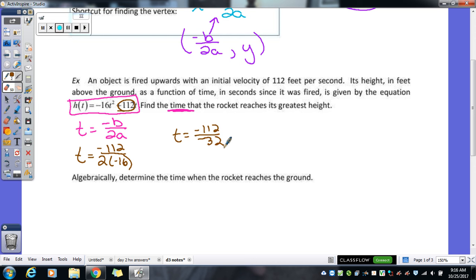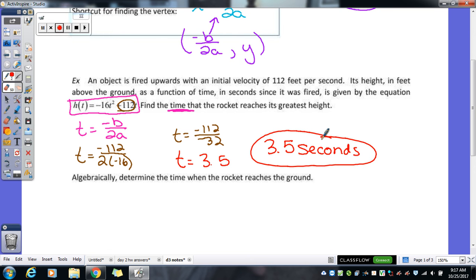So I have a negative 112 divided by a negative 32. Let's have you guys divide that out for me. Please and thank you. 3.5. So 3.5 seconds. That's how long it will take for it to reach its maximum height.